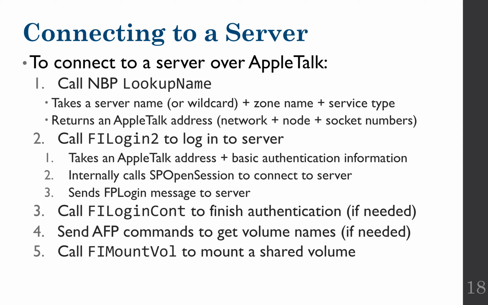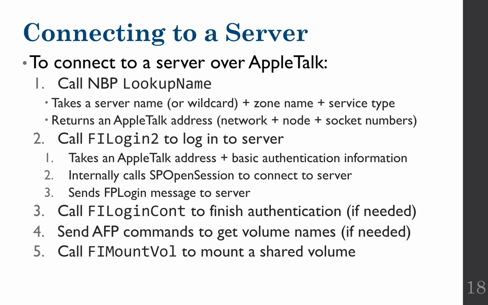First you have to make a call, an NBP, name binding protocol, call called lookup name, which takes a server name and a zone name, which is this notion in large AppleTalk networks. You can have multiple zones. So the server name, zone name, and the type of service, which will just be AFP server. And based on that, it can return an AppleTalk address, which is a network number, node number, and socket number.